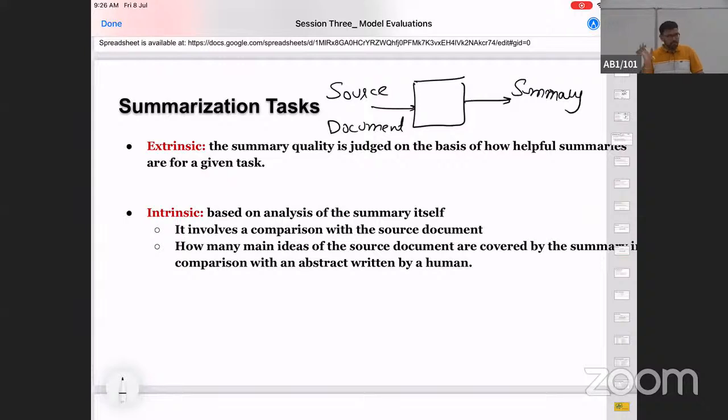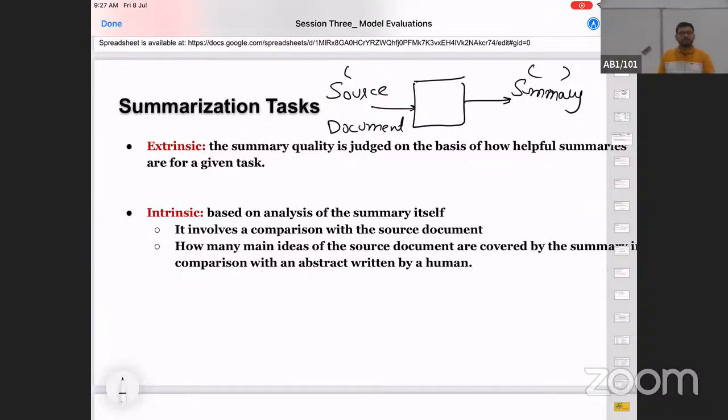In general cases, this source document is going to be very large, like the Wikipedia pages of different personalities, and the summary is going to be a small paragraph, maybe 5-6 sentences, not more than that. So this is the kind of system we want to evaluate. Which system is generating the best summaries? I hope the task is clear, right?